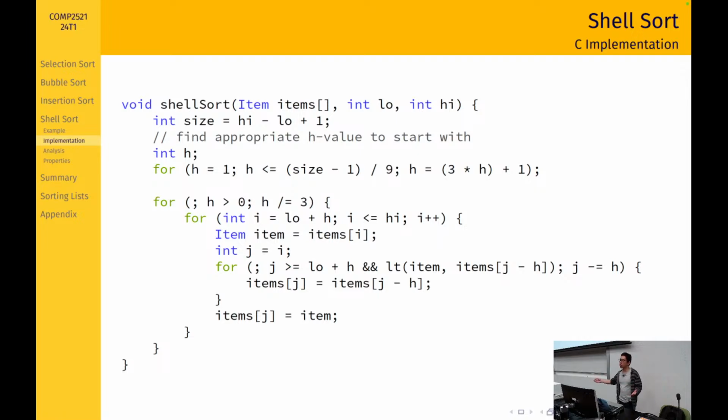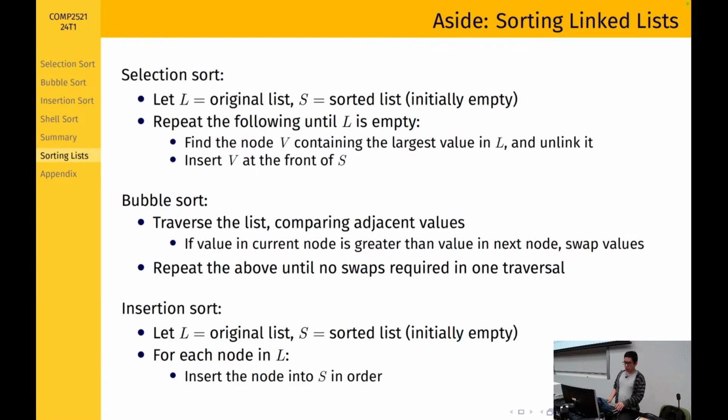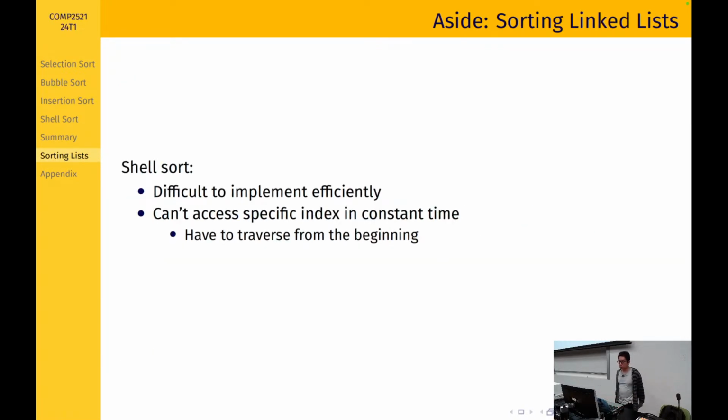You can't really do that, because with a linked list, you don't have random access. You can't specify an index and go to that index straight away. You have to actually iterate through the linked list until you find the appropriate index. So, yeah, shell sort is a no-go for linked lists.